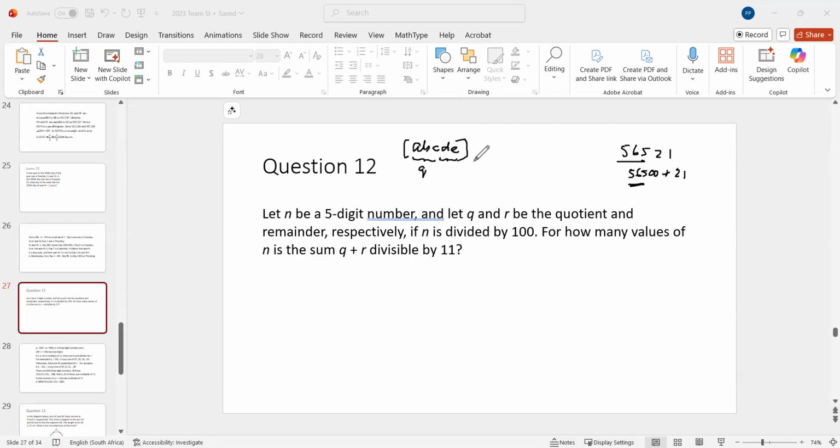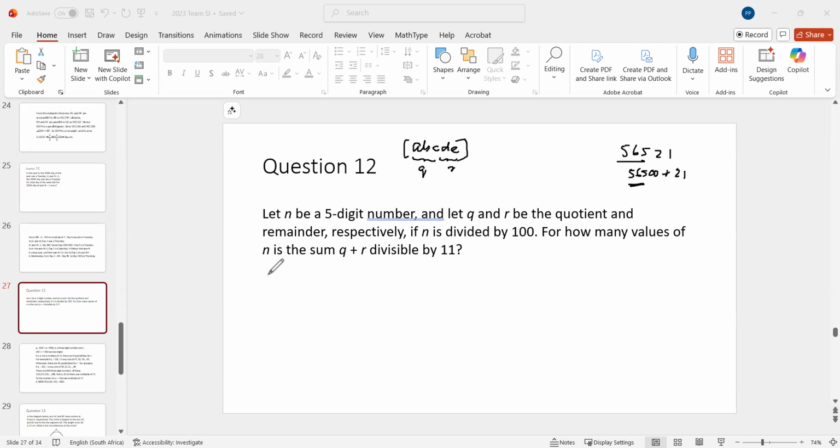And this R has to be the remainder because it's a 2-digit number. So it's small. It has to be smaller than 100. And any number smaller than 100 is a 2-digit number. Okay, so you know exactly what Q is and what R is. All right, now the question is, for how many values of n is the sum Q plus R divisible by 11?